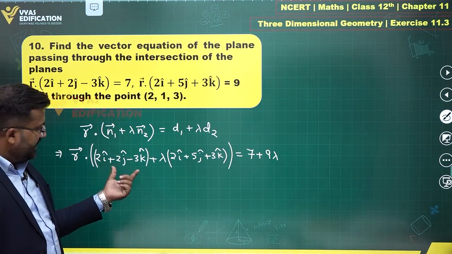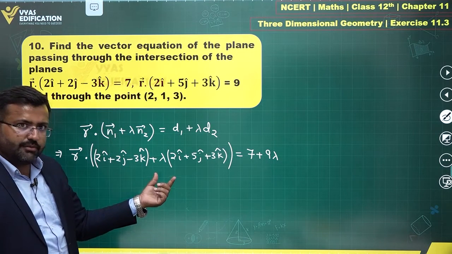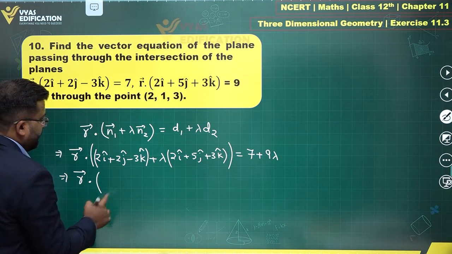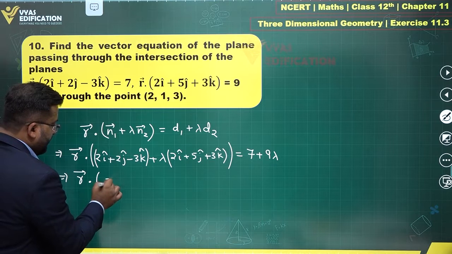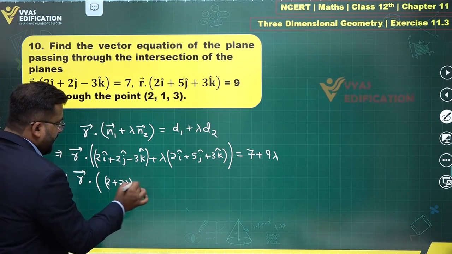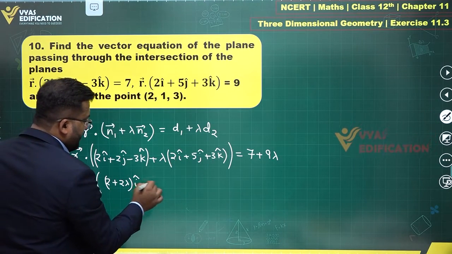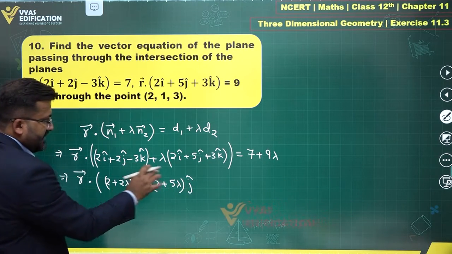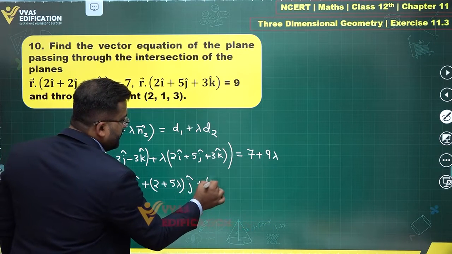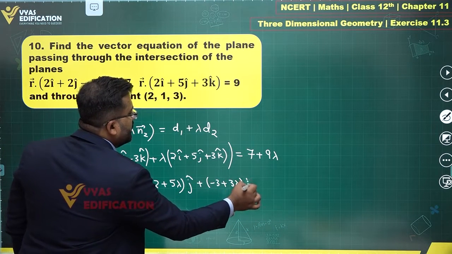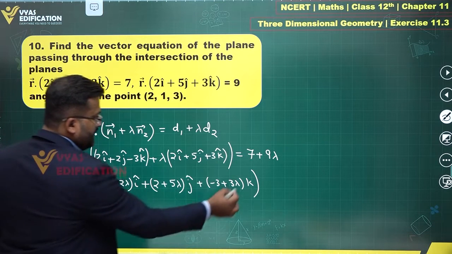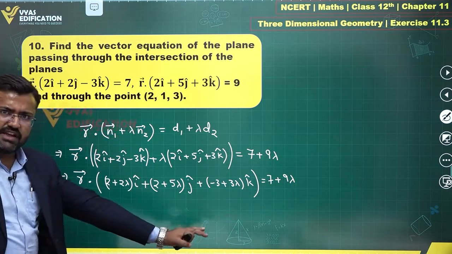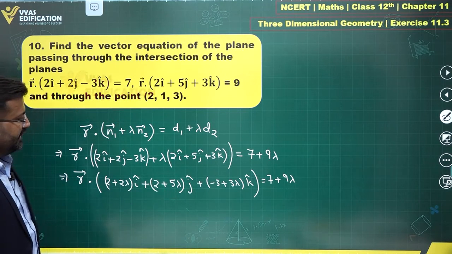I'll have to take the dot product with this, so let me write the i component, j component, k component separately first. So this becomes r vector dot with 2 plus 2 lambda i cap, 2 plus 5 lambda j cap, minus 3 plus 3 lambda k cap. This is equal to 7 plus 9 lambda. You can check the steps once again, right?